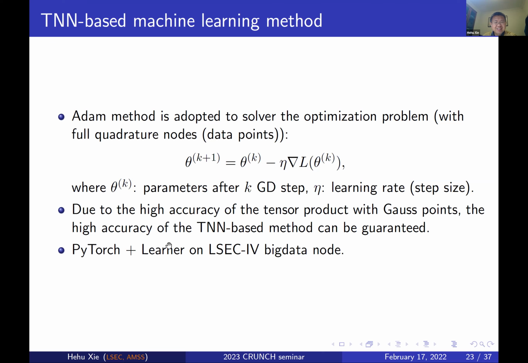We learned this from Peng Zhan. This is software to solve partial differential equations with machine learning. It's very good. And then we also use the Adam method to solve this optimization, with this learning rate.